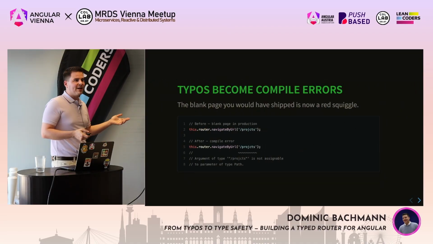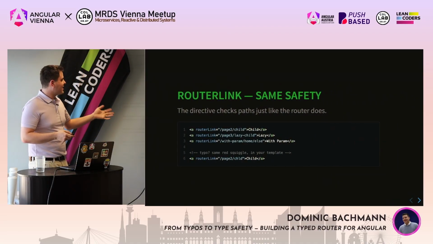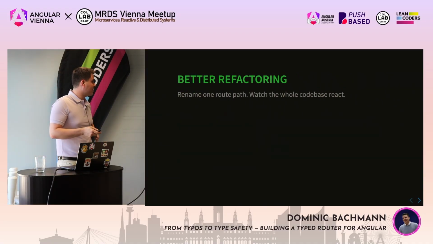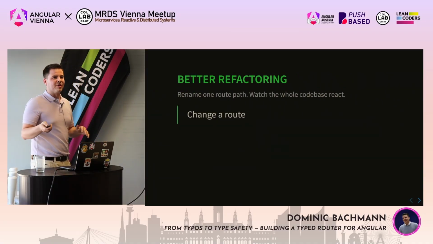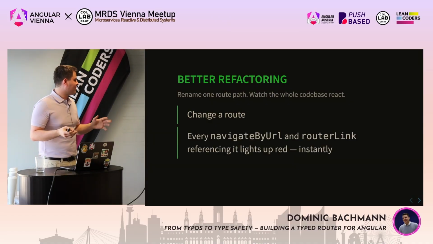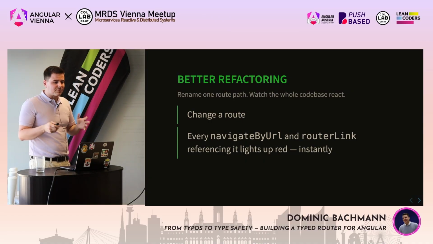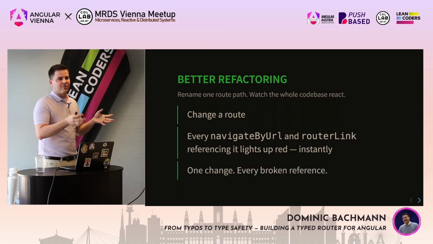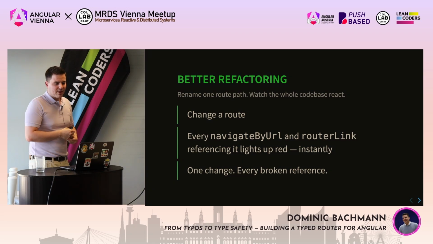Typos become compile errors. The same goes for RouterLink. And I think in general, this is just giving a better refactoring experience. So we can change a route, and suddenly every router, as a route by URL and RouterLink, lights up red instantly. So we do one change and we see every broken reference.